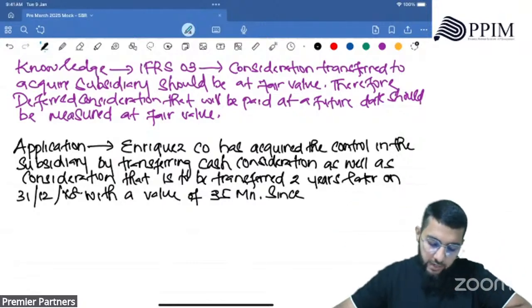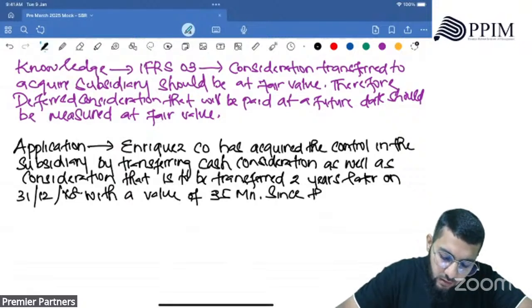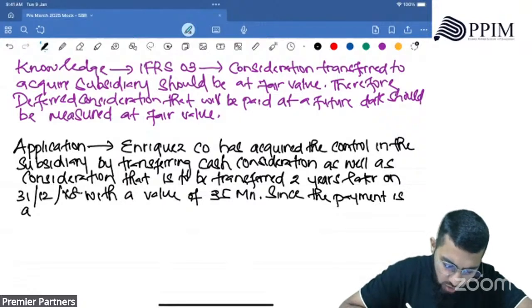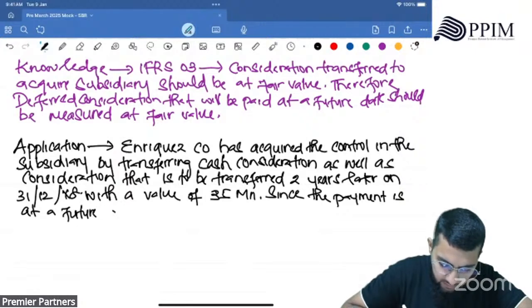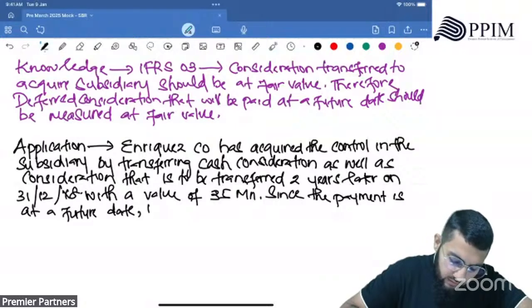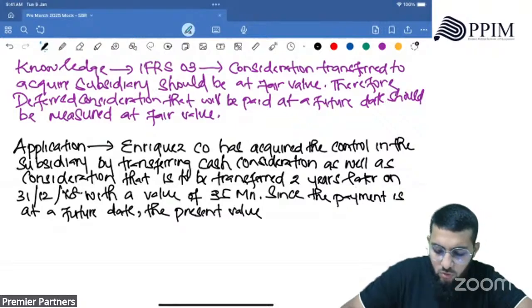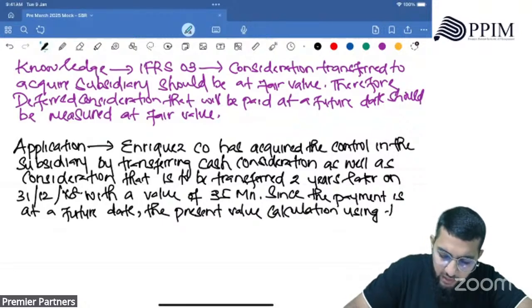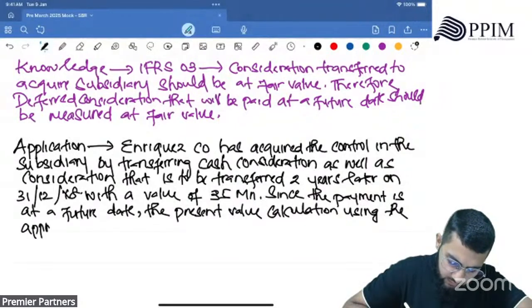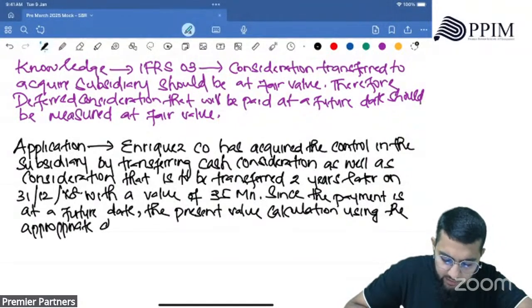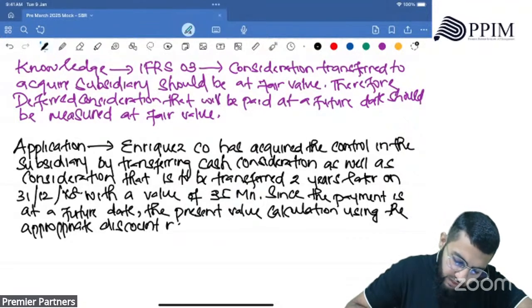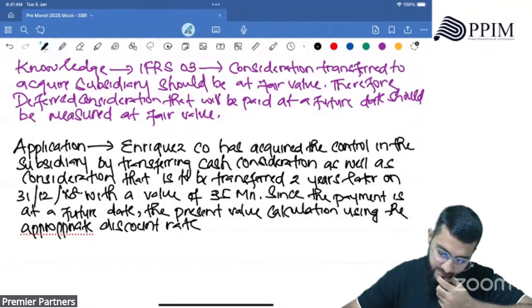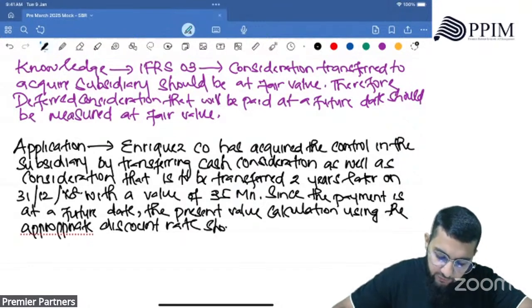Since the payment is at a future date, the present value calculation using the appropriate discount rate should be done.